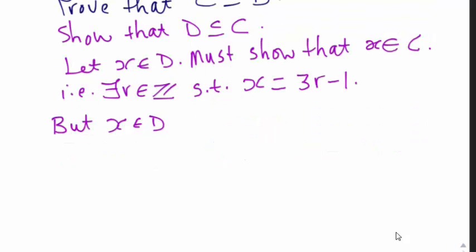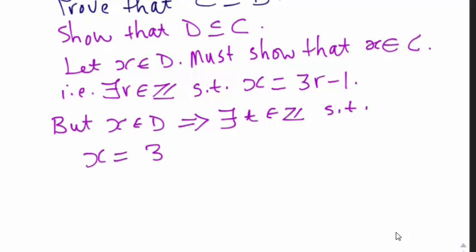But X in D, what does that mean? It implies there exists an integer t in Z such that X equals 3t plus 2.